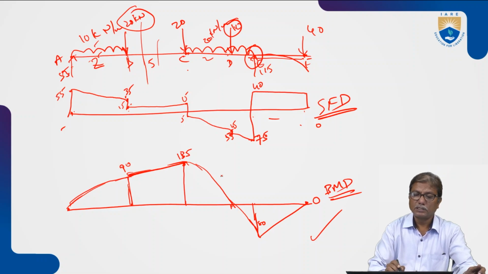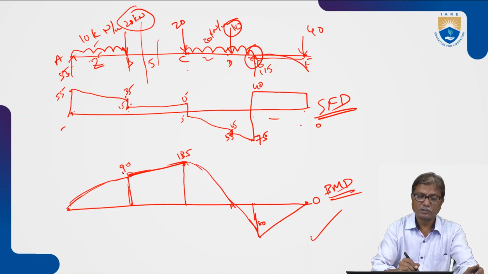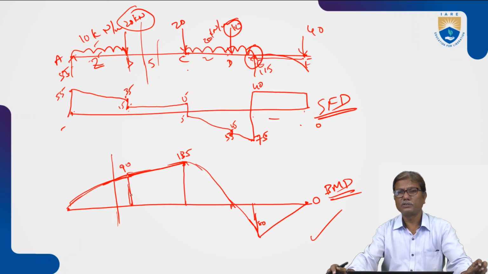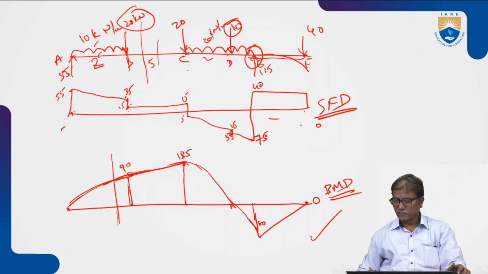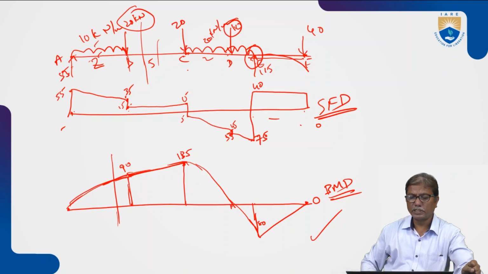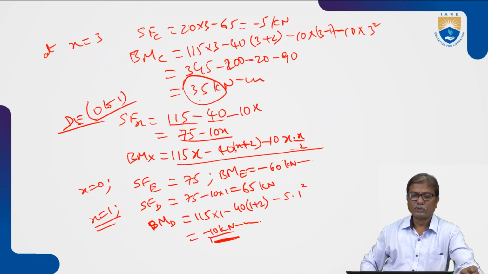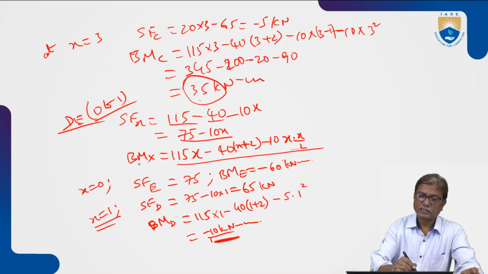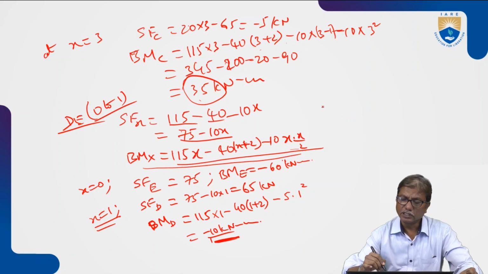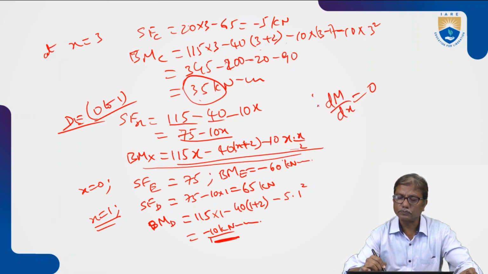And once we find this, there is one more thing to be done to find maximum bending moment values. For getting that maximum bending moment value, we equate the derivative of this, dM by dx, to 0.